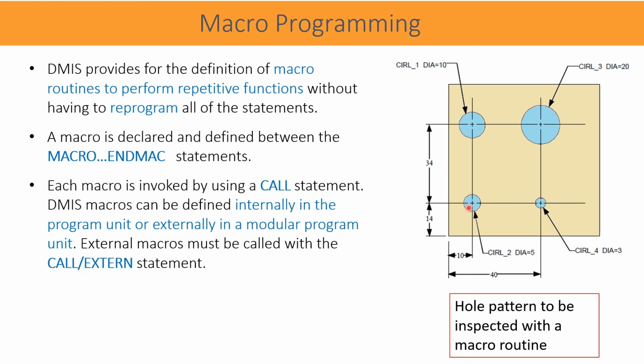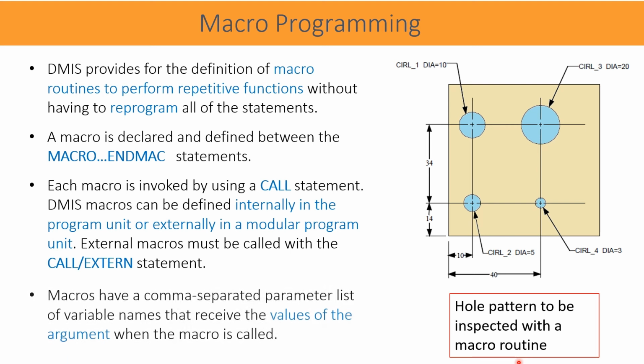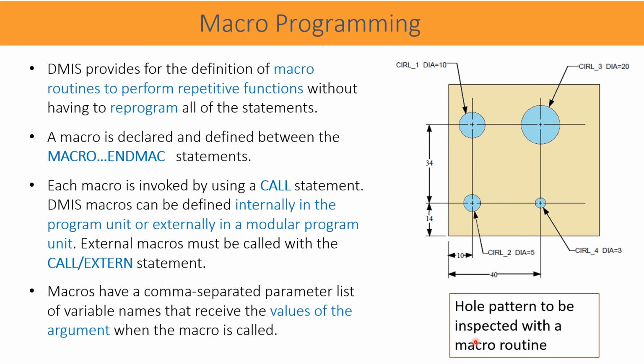Here we see that it is a hole pattern of 4 holes. Suppose every time a new component has a different kind of hole pattern, we can easily call the subroutine for the measurement of that macro, and the parametric changes can be made according to the center distances as well as the diameters.